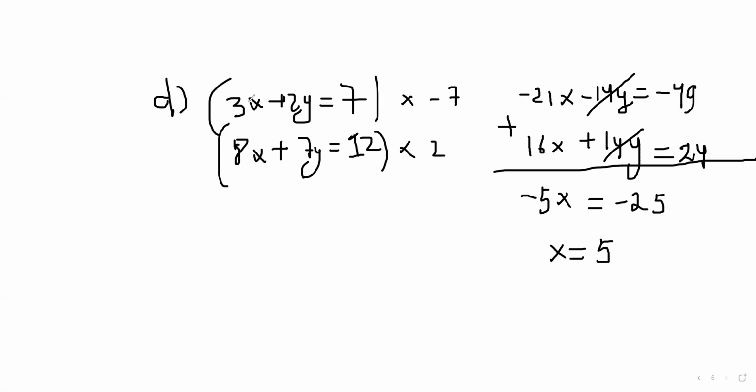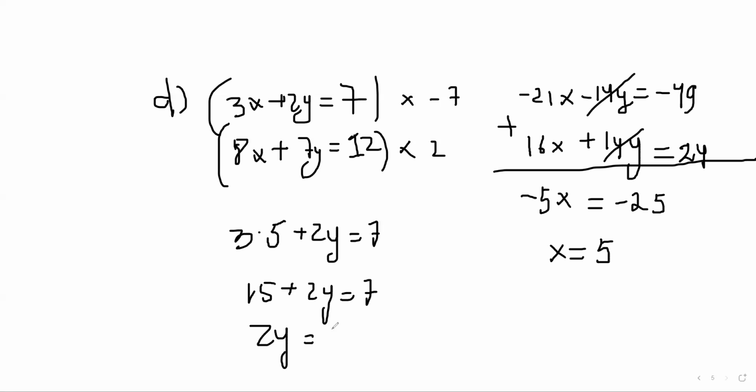Now let's come back to the first equation to find y. 3 times 5 plus 2y equals 7, so 15 plus 2y equals 7. 2y equals 7 minus 15, so 2y equals negative 8, and y equals negative 4.